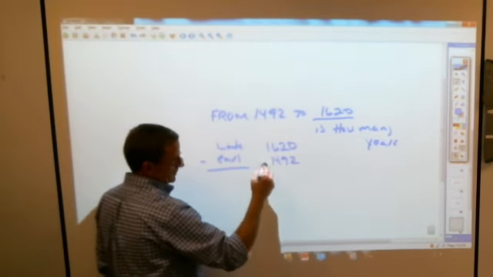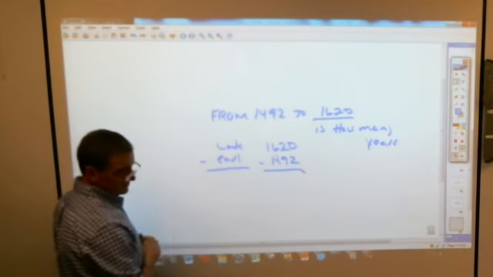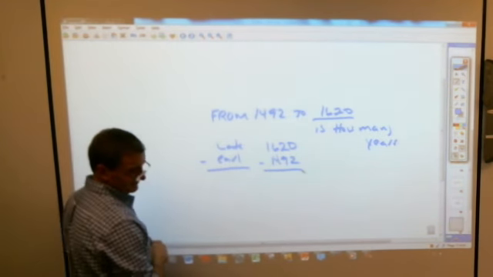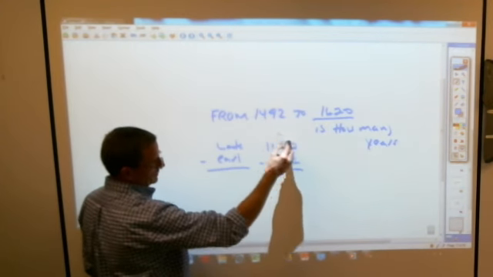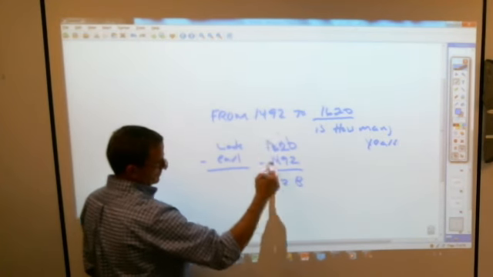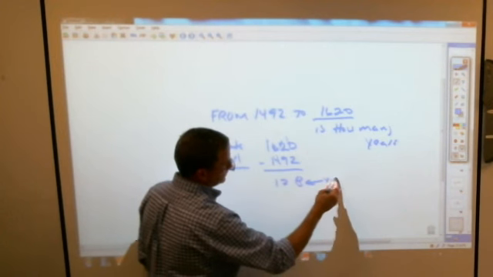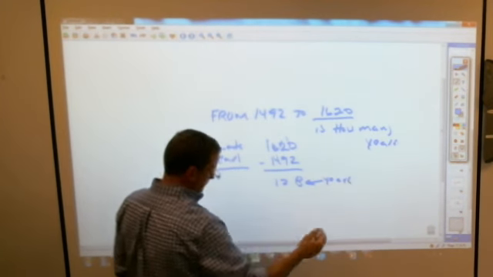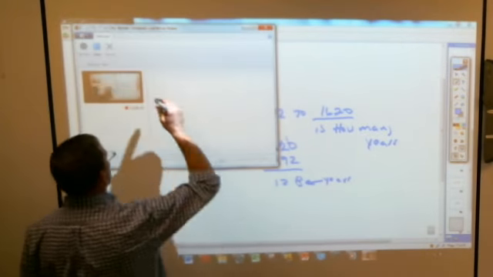By the way, what are those dates? Do you know? 1492 is... 1620? Where the pilgrims landed at Plymouth Rock. There you go. And then you do the subtraction there. 128 years. Time can be confusing.